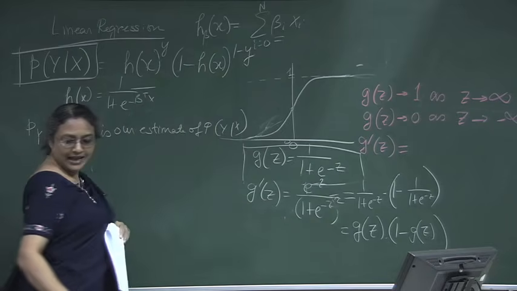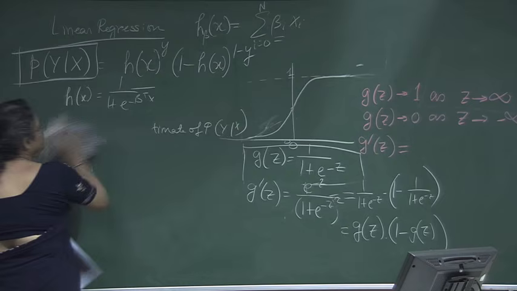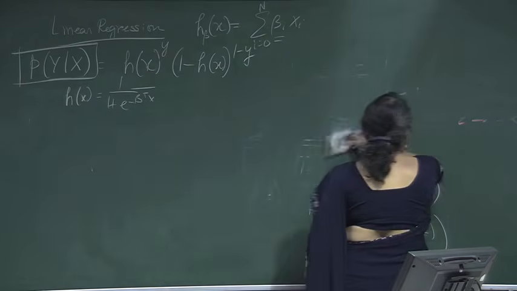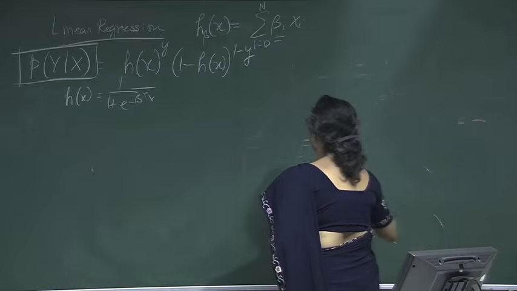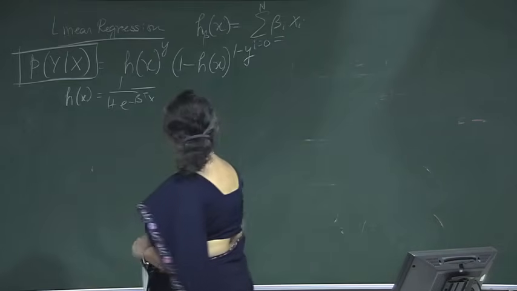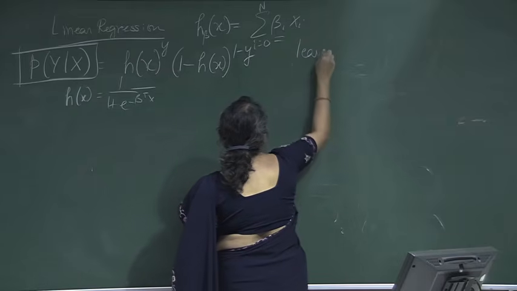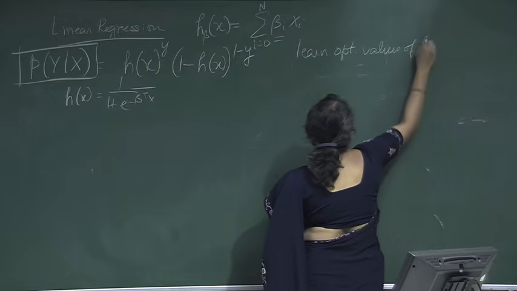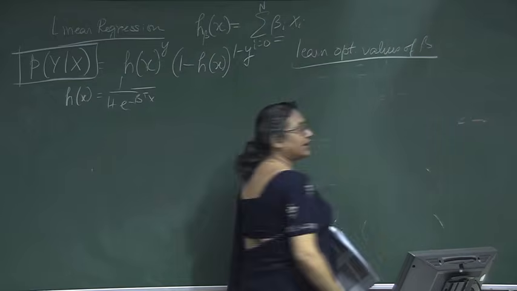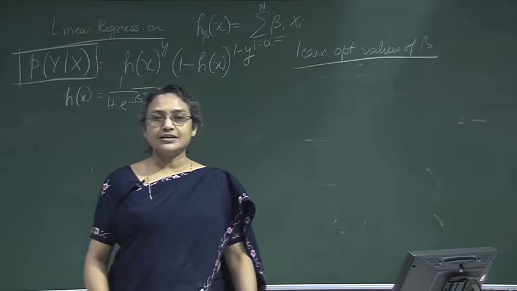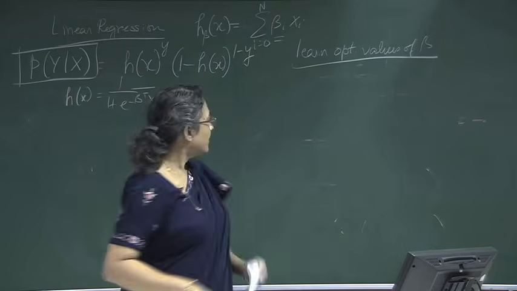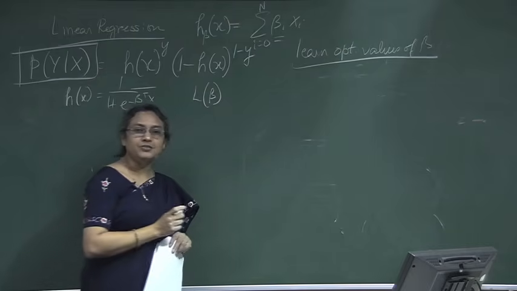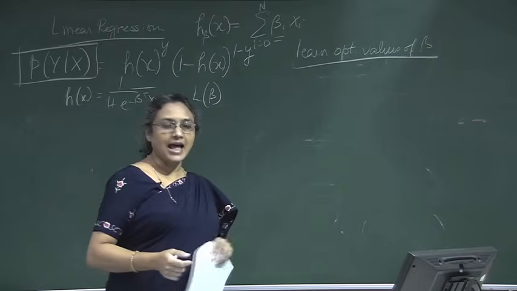In order to do that, we first define the likelihood of the data. What we have to do is learn the optimal values of beta, and we use the maximum likelihood approach. We find out the likelihood of beta, which is the probability of observing the data given beta were the actual parameters.